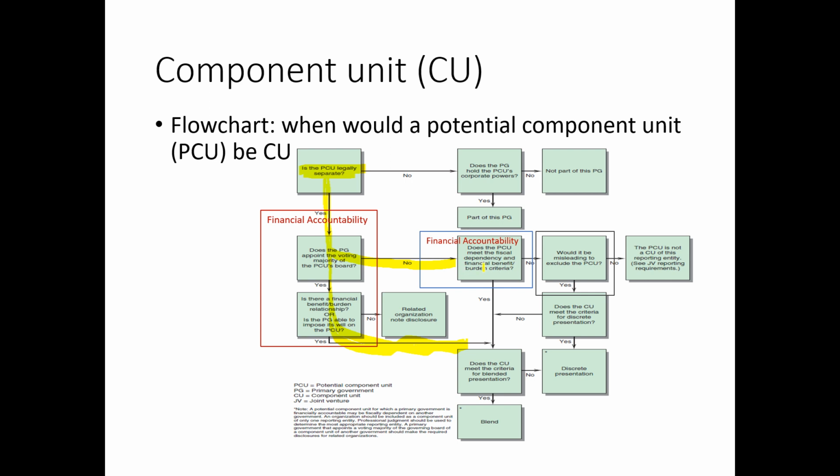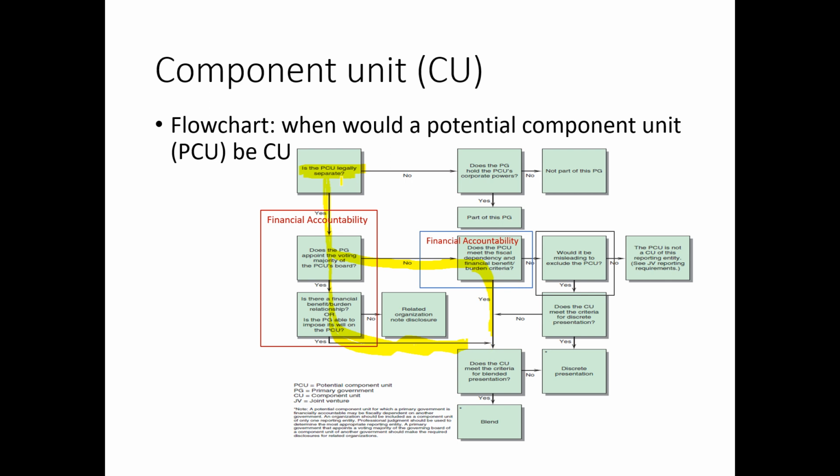And is there a financial benefit burden relationship between the PCU and the primary government? Both answers have to be yes. Then we have the second route. We say it's also financial accountable. Okay, then the PCU is a component unit, is a CU now.